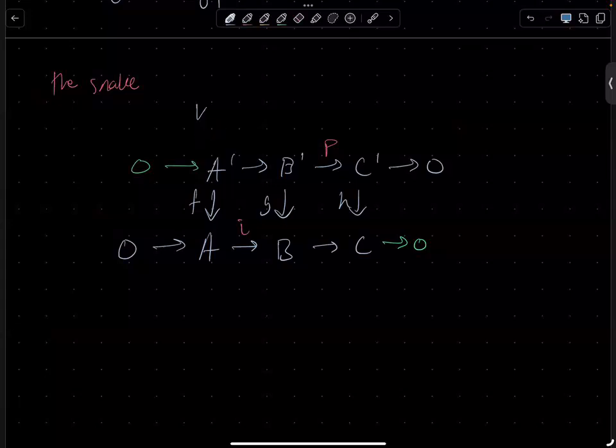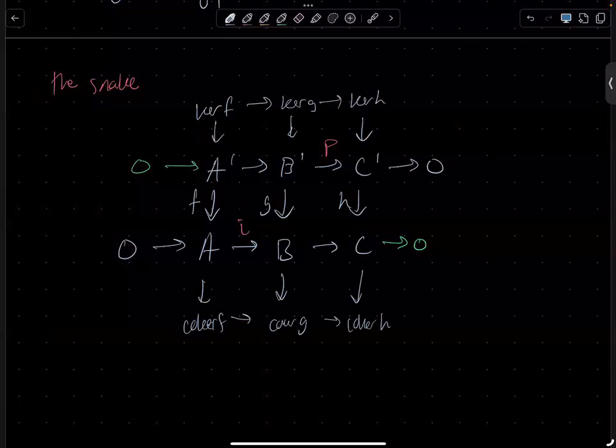So I put kernel F up here, kernel G here, kernel H here, and then the cokernels here. Cokernel G, cokernel H. The snake is this. That's this delta, and that's why it's called the snake lemma. But okay.